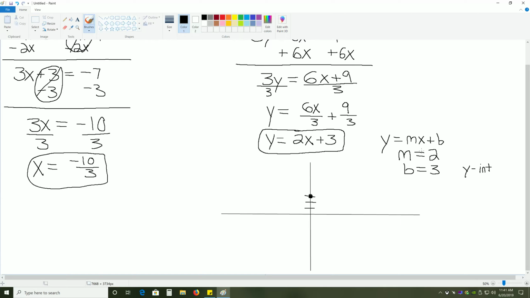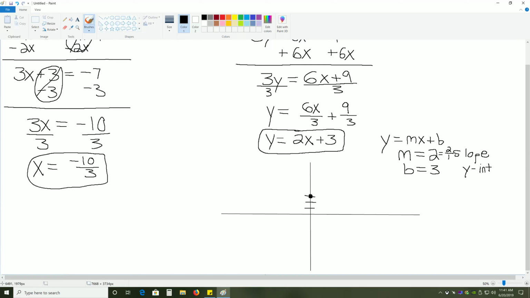And now from here, this m is important because this is our slope. Your slope, in this case 2, tells you how much you go up versus left and right. So this 2 can be rewritten as 2 over 1. Any number is the same thing as itself over 1.